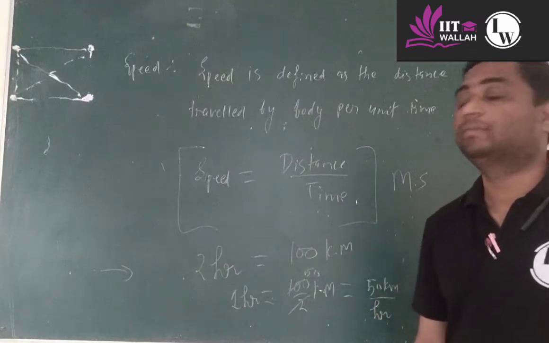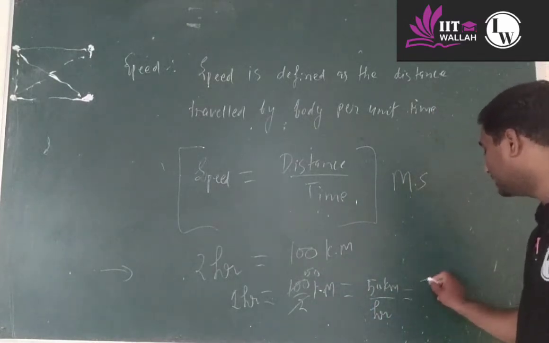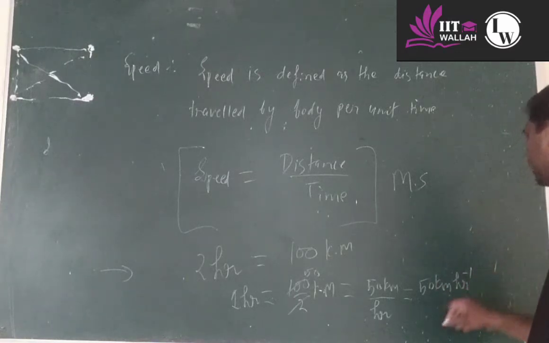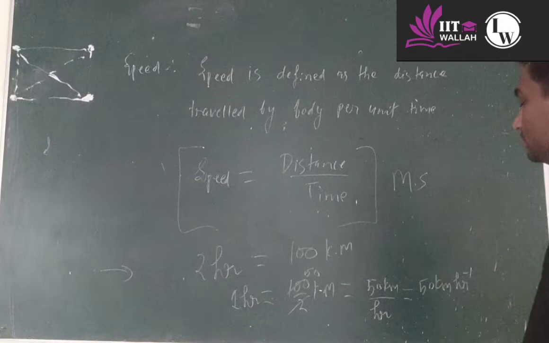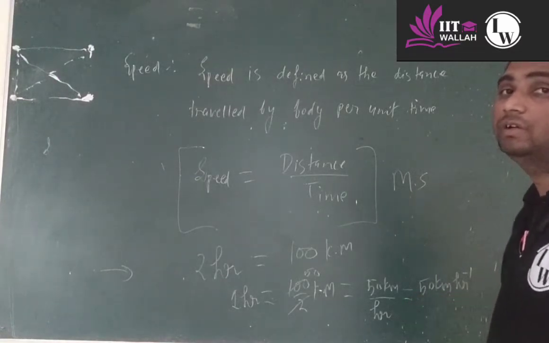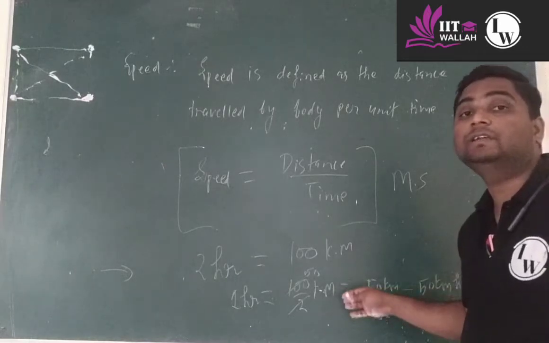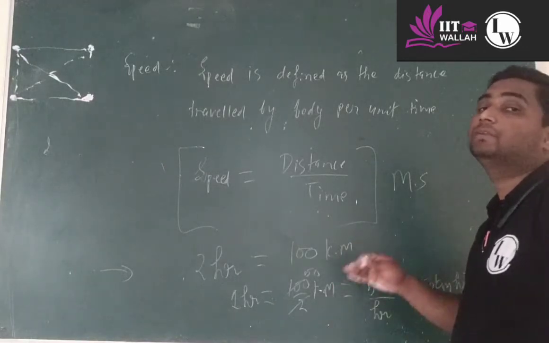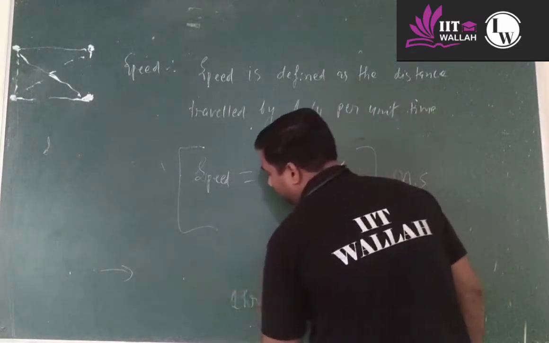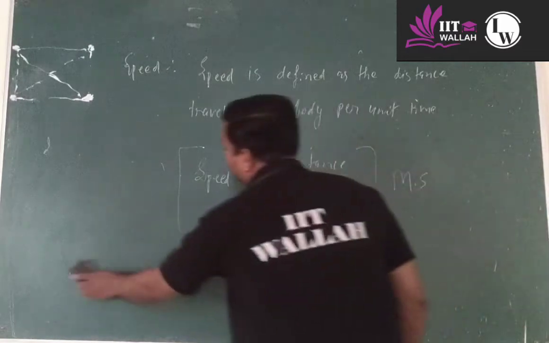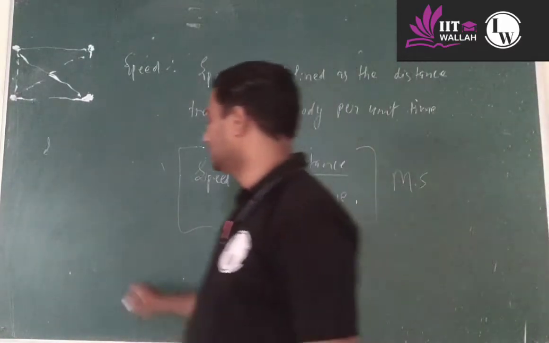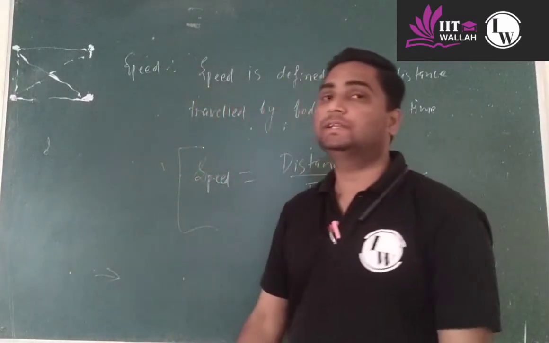This will be called the speed of the person, because you have taken the distance per unit time. I think it will be clear to all of you.